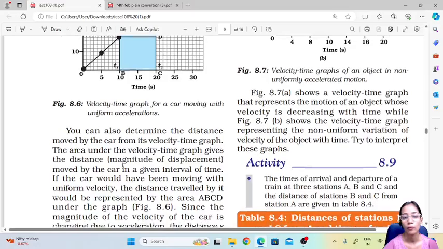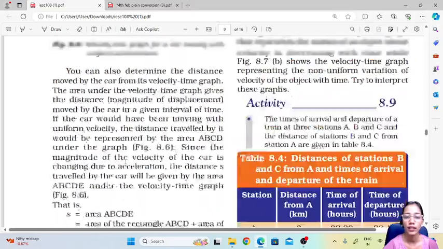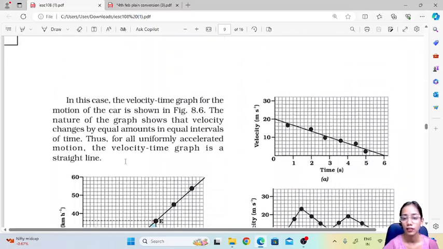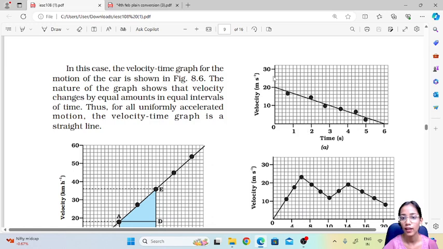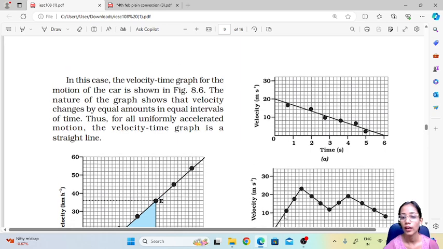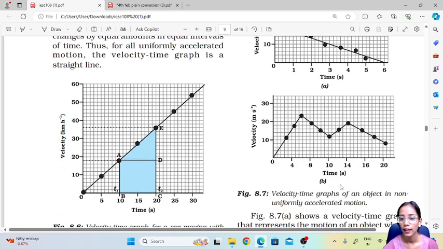Now when the acceleration is decreasing, the graph will be in a slopy form. And when the acceleration is non-uniform, this will be the nature of the graph.